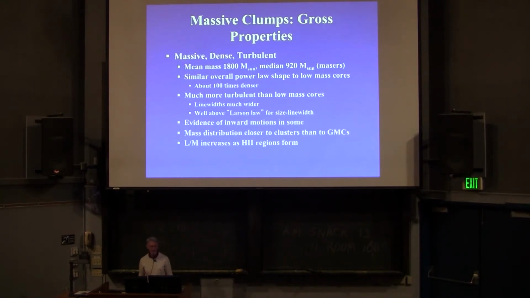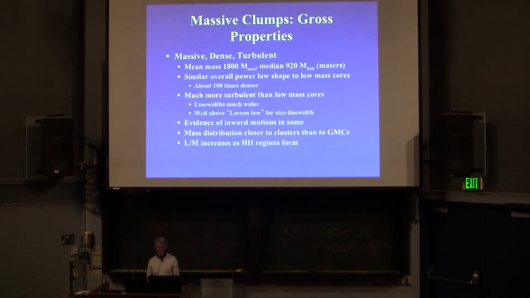So here's a kind of summary of the gross properties of these massive clumps. They're obviously massive, dense, and turbulent. Mean masses, a couple thousand, median 1,000 solar masses. This is for the maser sample. They have an overall power law shape in their density profile similar to low mass cores, but about 100 times denser.